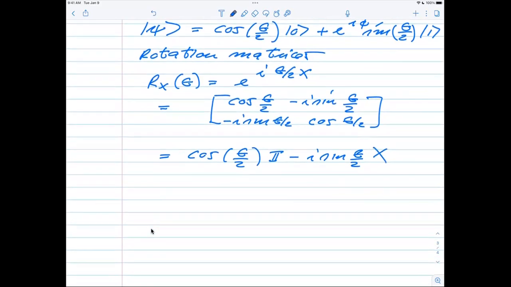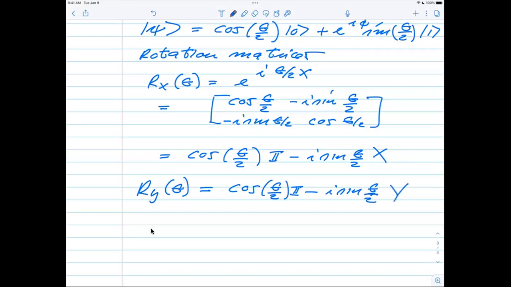We can do the same thing with the y matrix, rotation around the y-axis with an angle theta. This matrix is simply given by cosine of theta half multiplied with the identity matrix, minus i sine of theta half multiplied with the y matrix.